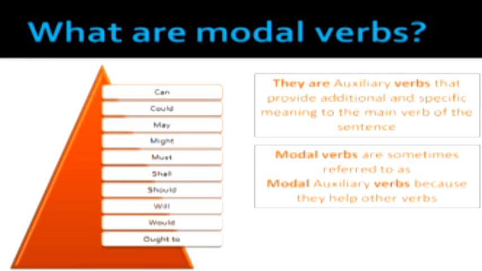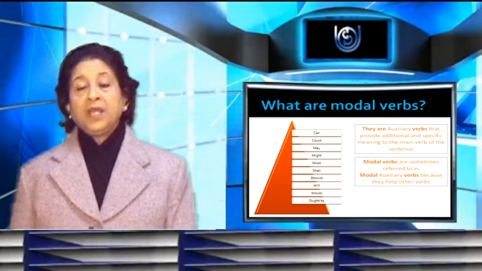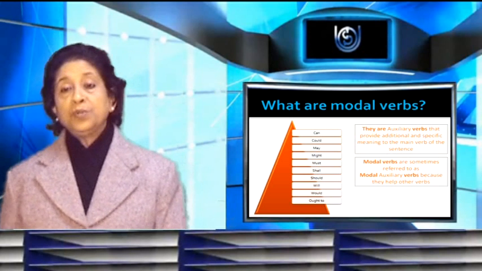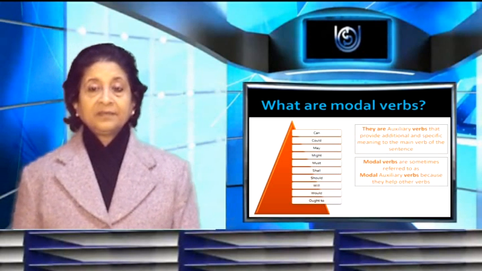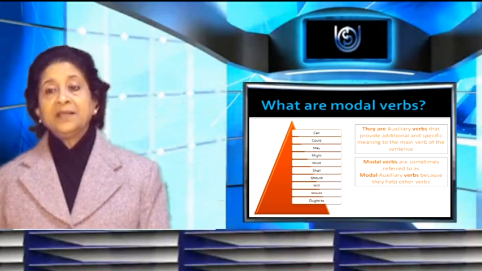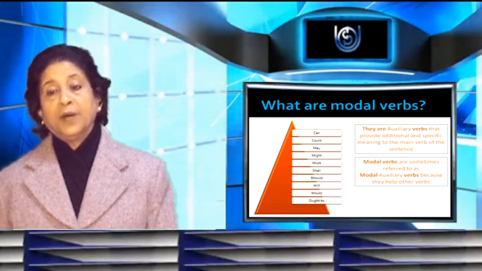The main verb is there, but they help the main verb. I can do this work. Now do and work are verbs, but can is a modal auxiliary, which is helping the verb.